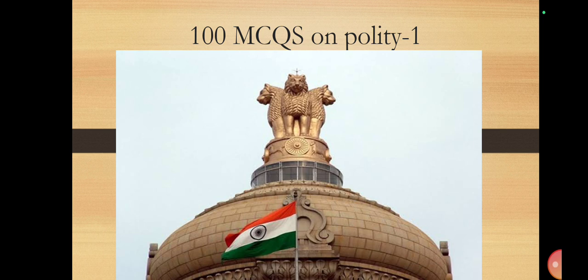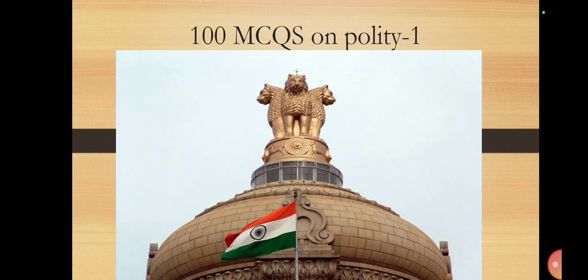Question number 100. With reference to the Union Public Service Commission, which of the following statements are not correct? Neither one nor two. The Union Public Service Commission is the central recruiting agency in India. This statement is correct. It is an independent constitutional body in the sense that it has been directly created by the Constitution.